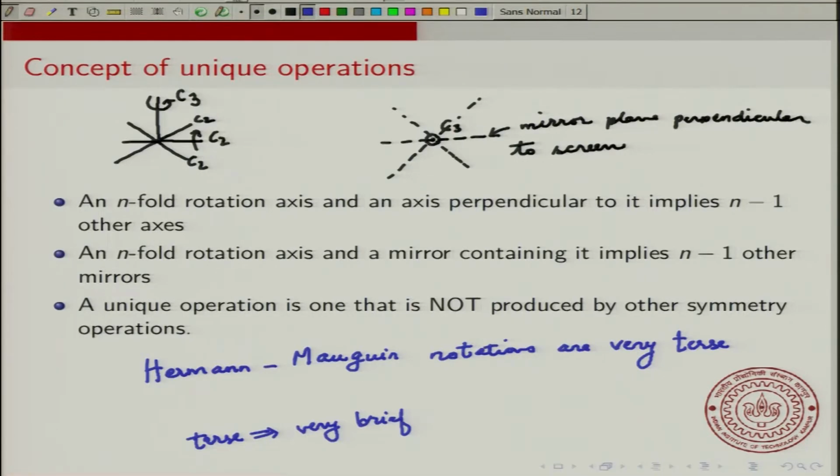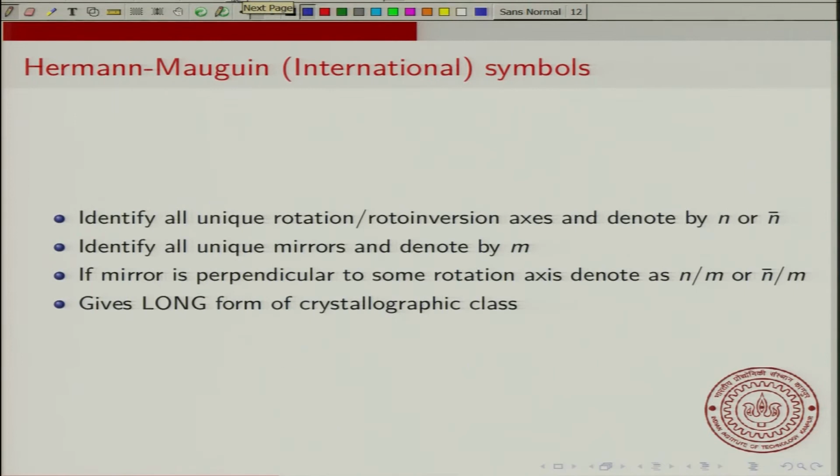Okay, now coming to the Herrmann-Morgan international symbols. This is a procedure for identifying them. First, you identify all the unique rotation or roto inversion axes and denote each of them by the letter n or n bar.